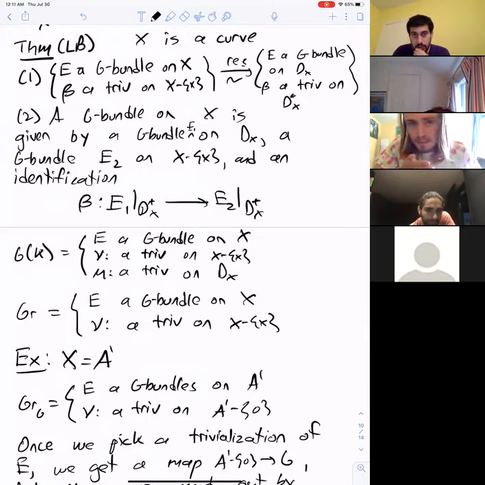Right. And so a trivialization is always a section for a G-bundle. If X is infinity, then a trivialization is just a polynomial.